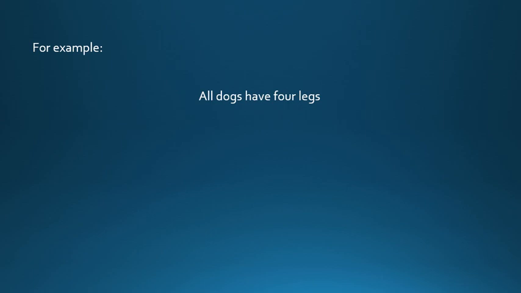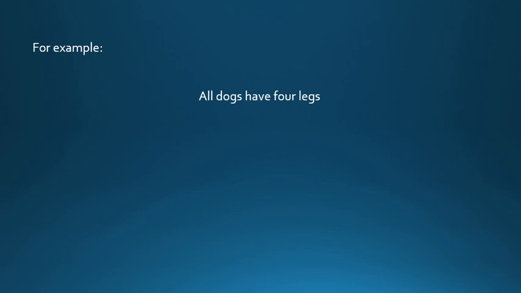Now, granted, do we know every dog in the world? No. But is it reasonable to assume that somewhere out there is a dog that either was born without a leg or 2 legs or had to have a leg amputated?